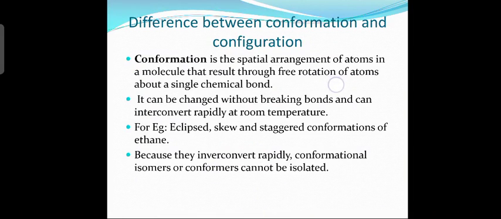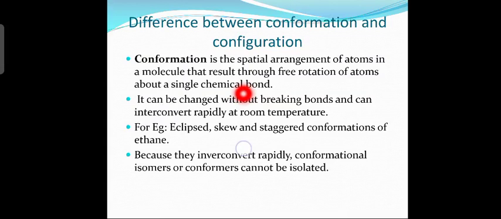Now what are the differences between conformation and configuration? Conformation is the spatial arrangement of atoms in a molecule that results through free rotation of atoms about a single chemical bond. You can have different ways of spatial arrangement, and it takes place through free rotation about one single chemical bond.